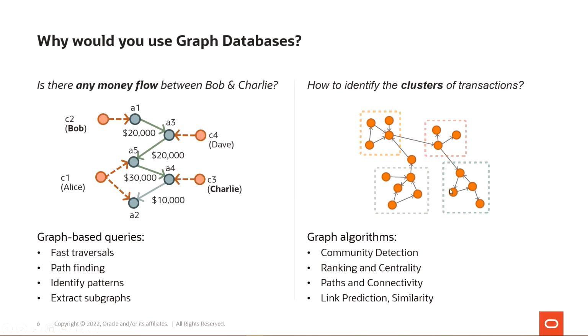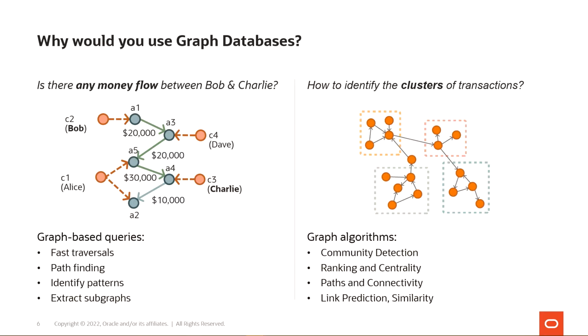You can see here we have 4 clusters of communities, so accounts that belong to each other by the number of transactions going between them, and those that have only sparse connections between certain accounts. So you have this type of analysis to find the communities within your graph.